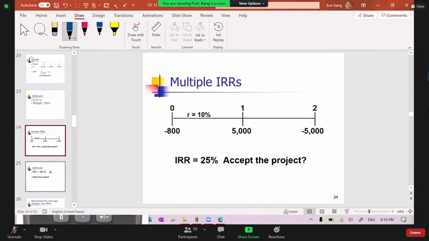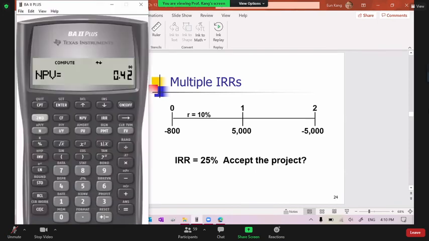How about this one? Cash flow: negative 800, enter. C1, 5,000, enter. C2, negative 5,000, enter. And go to IRR, compute, 25%.